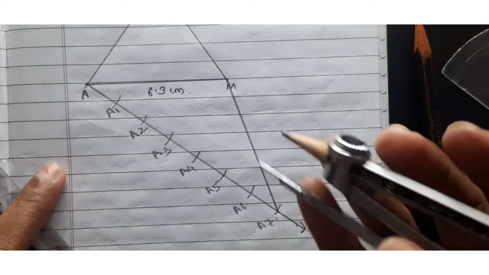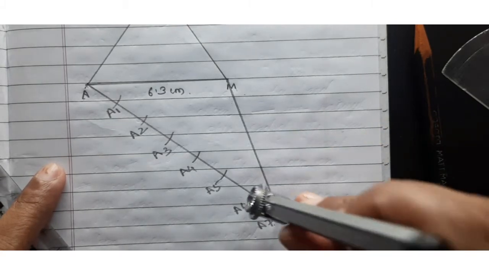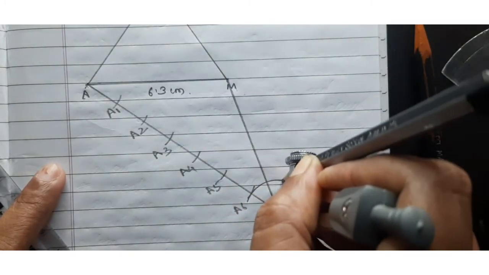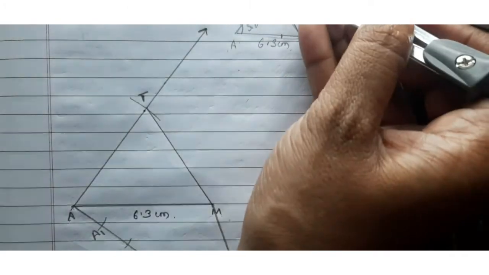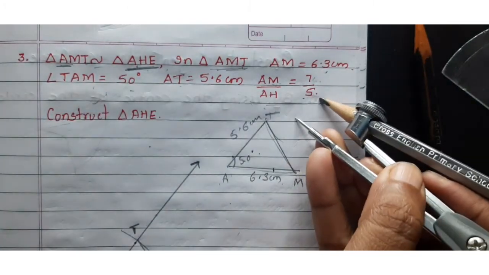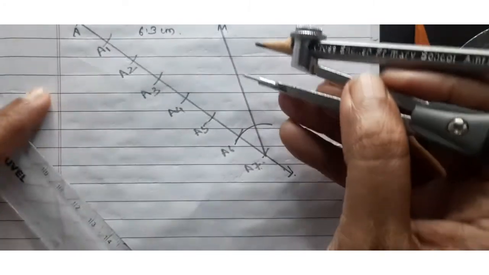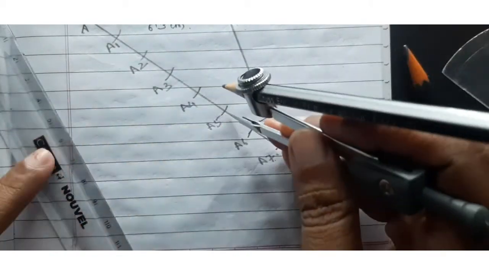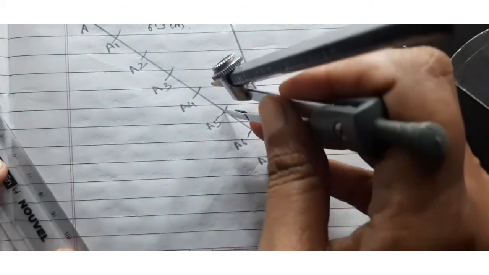Now what I'll be doing, I'll be taking an arc over here, and AH is 5. So from A5 I'll be keeping the pointer of my compass on A5 and I'll be drawing the arc.